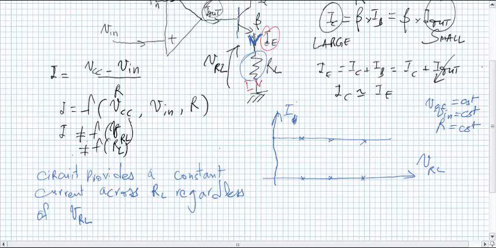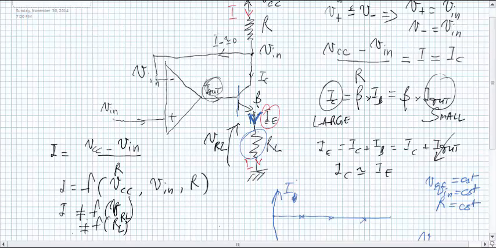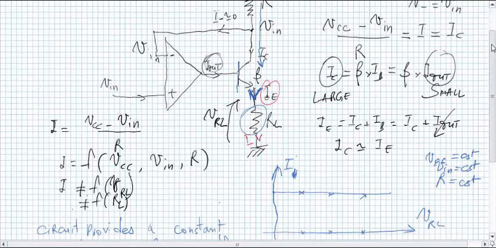That IL, which is this current from here to here, the current that is flowing down here, is completely independent of basically the voltage and RL itself. Now it depends upon the voltage supply, it depends upon the voltage at the input, and it depends upon R, and we can control those parameters.